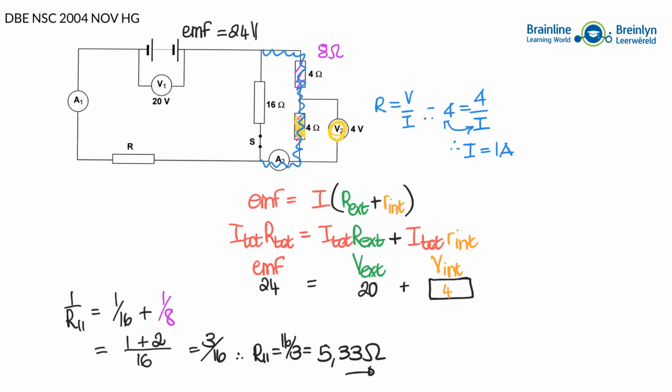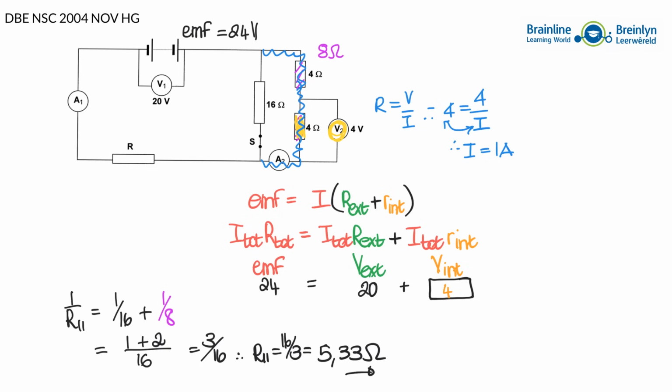Remember that these two resistors act together and therefore add up to the 8 ohms. That's what we used to calculate the parallel resistance earlier. And if I compare this 8 ohm to the 16 ohm, I can see that I would be able to calculate by a ratio what the current flowing through the 16 ohm would be.